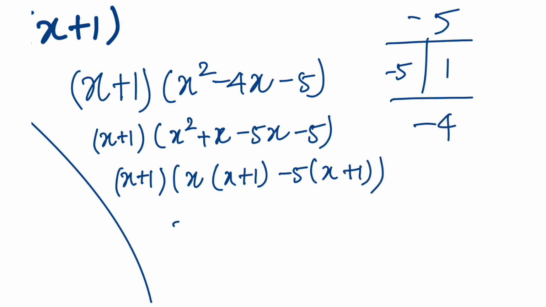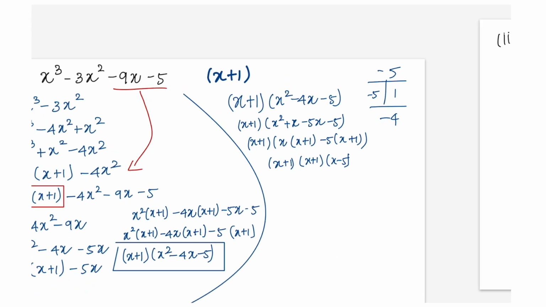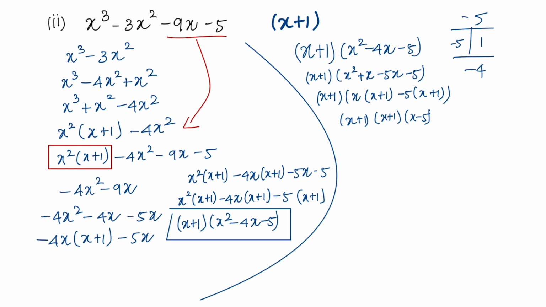Okay, now from these two terms you can take x plus 1 out and that leaves you with x minus 5. Okay, so x plus 1 into x plus 1 into x minus 5 is the factorized form of this polynomial. Okay, so this is the answer. Let me just write it boldly here.